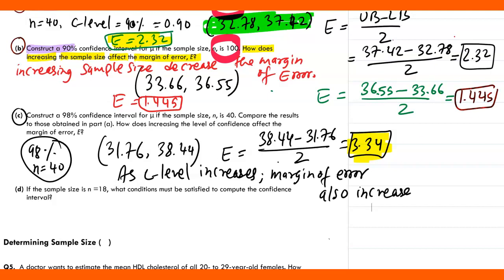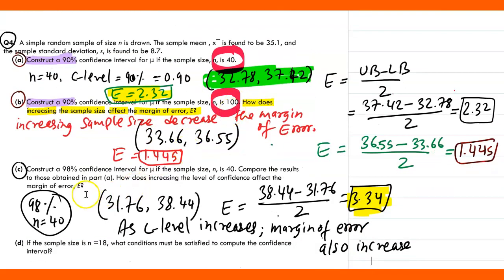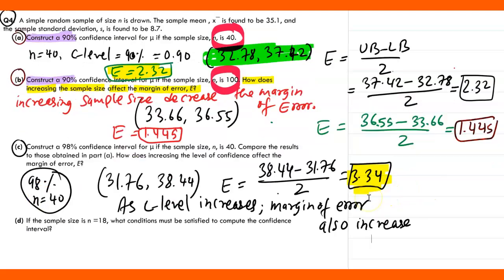You see that: 2.32 was the margin of error with 90% confidence for sample size 40, but if we increase to 98% with the same sample size, the margin of error is going to be larger.